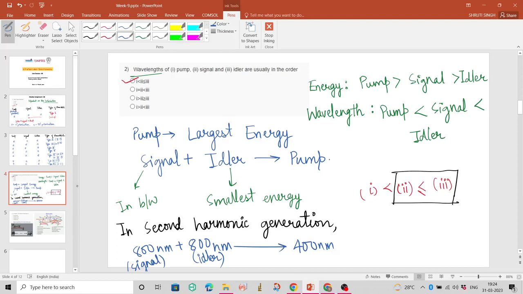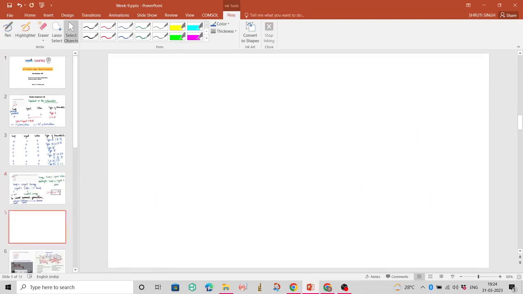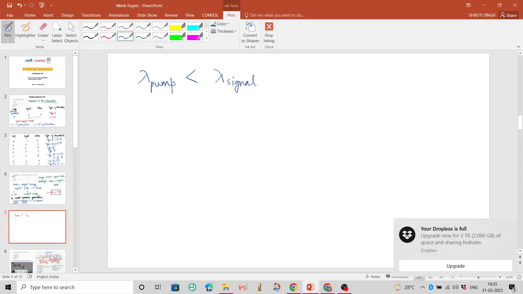So let me write it in a nicer manner. Lambda pump less than lambda signal less than or equal to lambda idler.